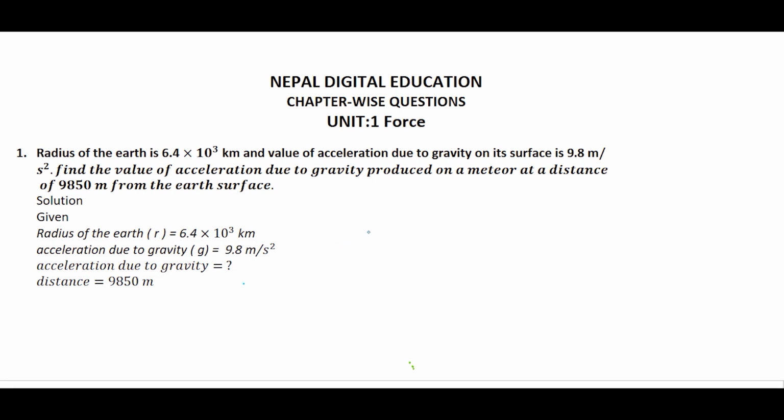RGCFS. R means read, means first of all read the question, then whatever is given in the question, first of all write it, then change that given into SI system.